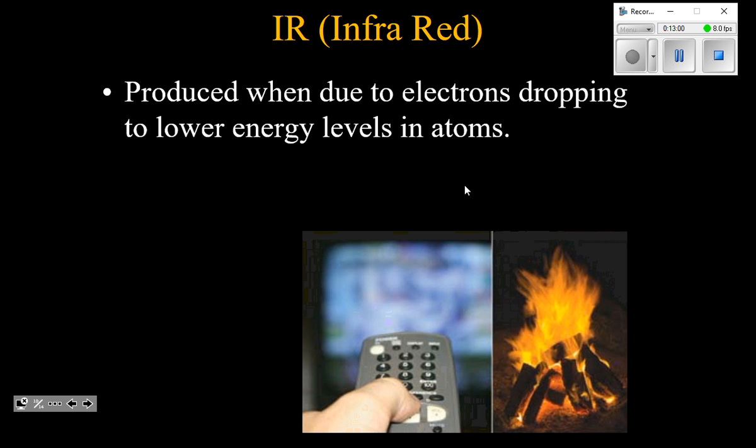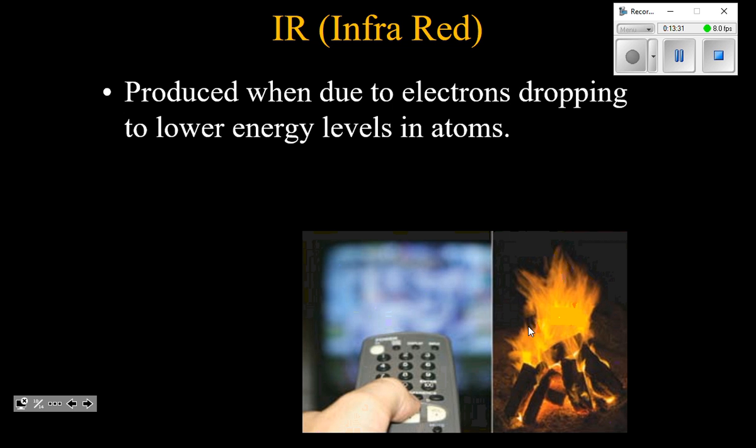When they drop back down, they give off a photon of EMR, a photon of infrared or visible or ultraviolet. So where do we see those? Well, first of all, if you remember grade 7 science, they told you that heat is transferred 3 ways: conduction, convection, and radiation. So when heat transfers as radiation, it's infrared.